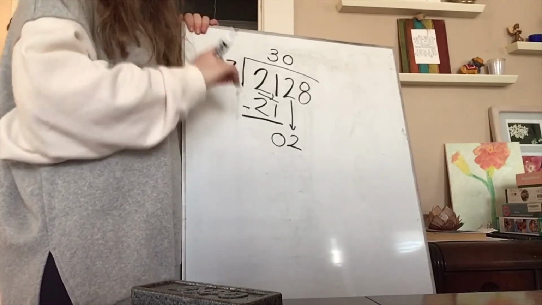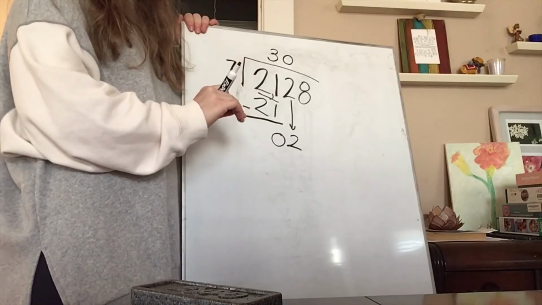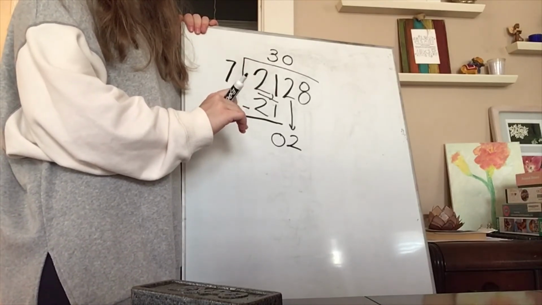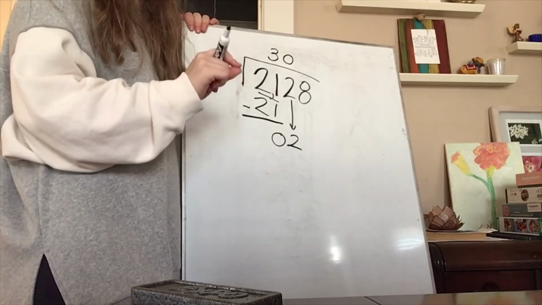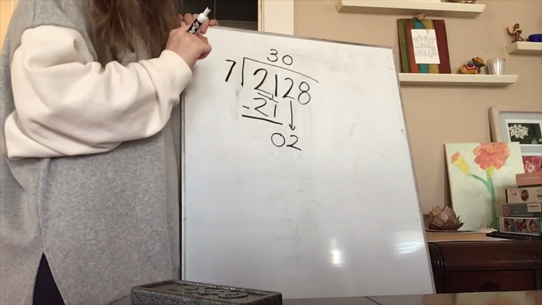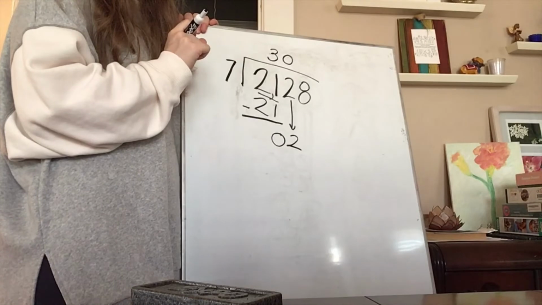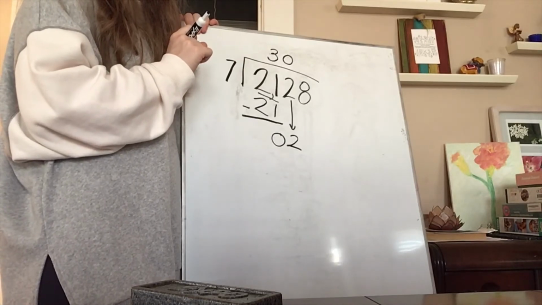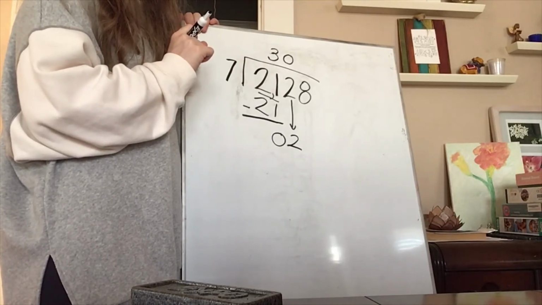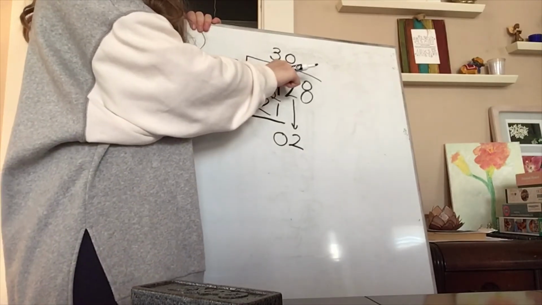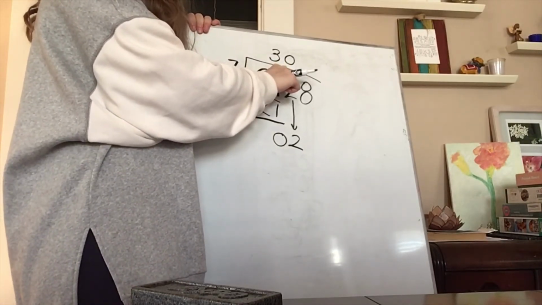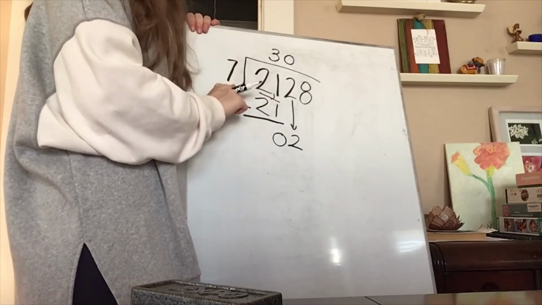So, Lena, we multiply the digit we just got by the divisor. Good.